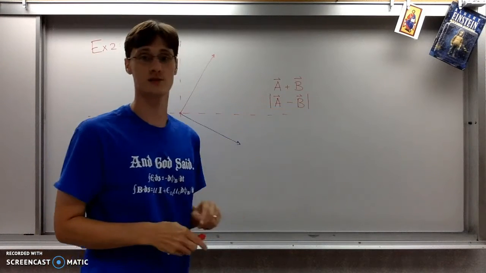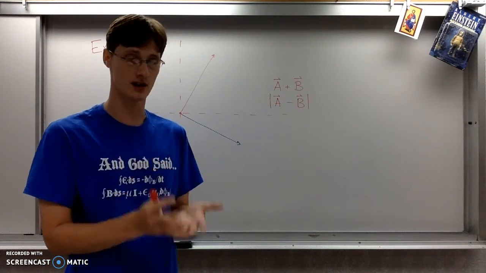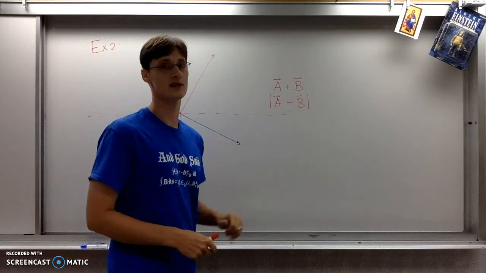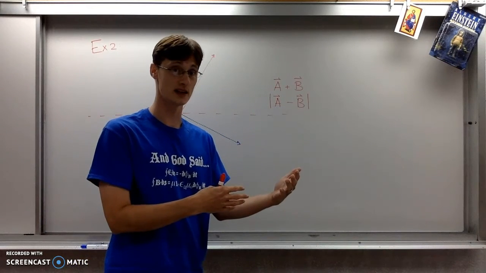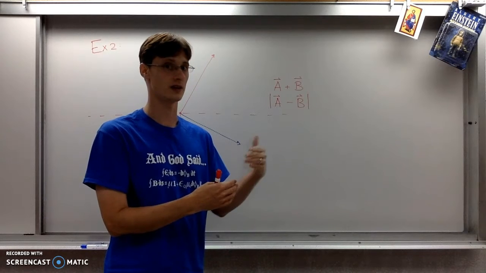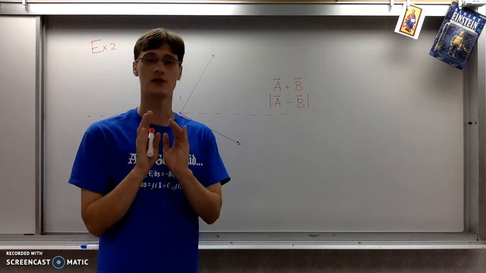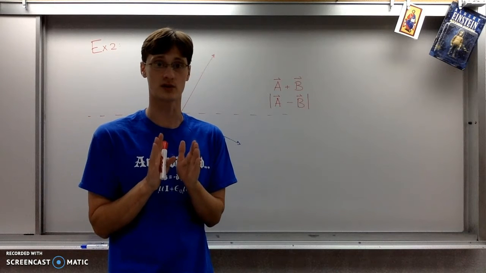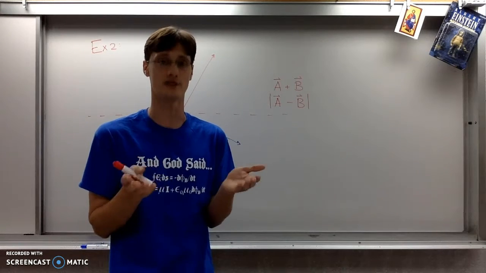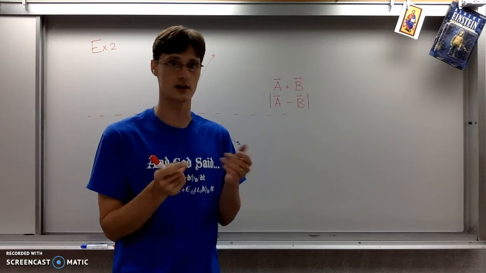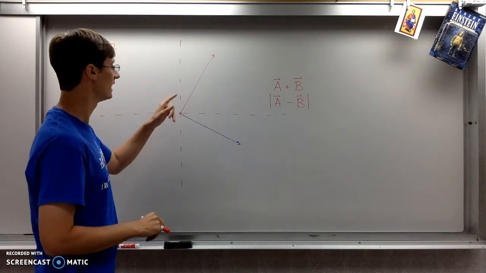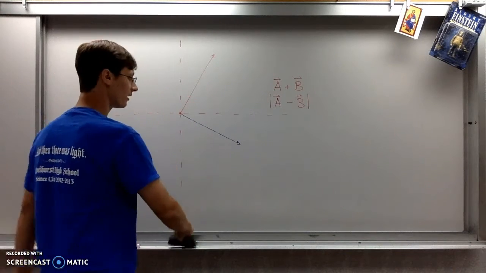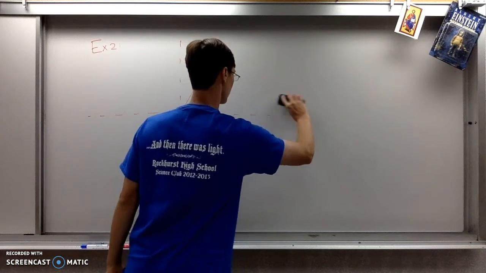That's what these things here mean. They just mean what is the magnitude of A minus B. So if you figure out what A minus B is, then you're going to get what is the magnitude of that vector. If you're not sure what that means just yet, that's okay. I'm going to explain how you find the magnitude of a vector in a moment.